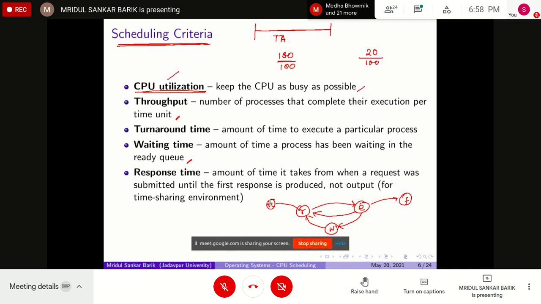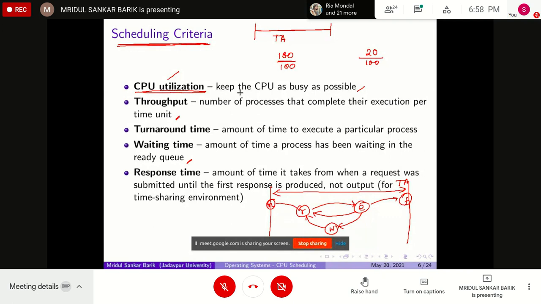So when a process enters into the system, this time, and when a process finishes, this time, is called the turnaround time. It is the amount of time to execute a particular process.